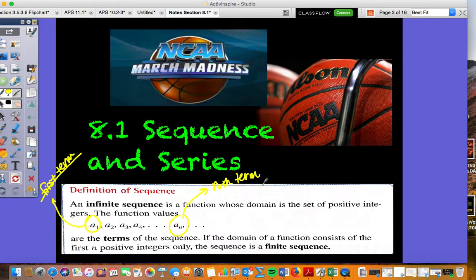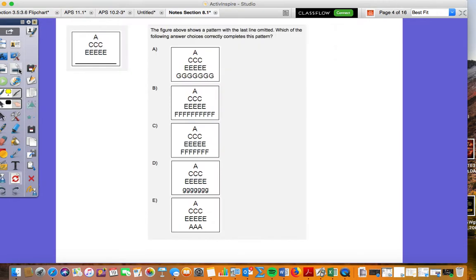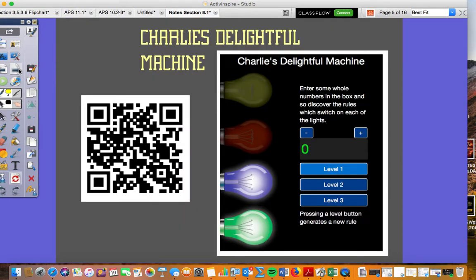We don't know what n is, but we would say that that would be the nth term of a sequence. That's here, okay? And so that would be infinite, going to infinity and beyond. And then obviously a finite sequence would be something that has a specific endpoint. Like we have terms that have a specific endpoint that is there. Okay, cool.